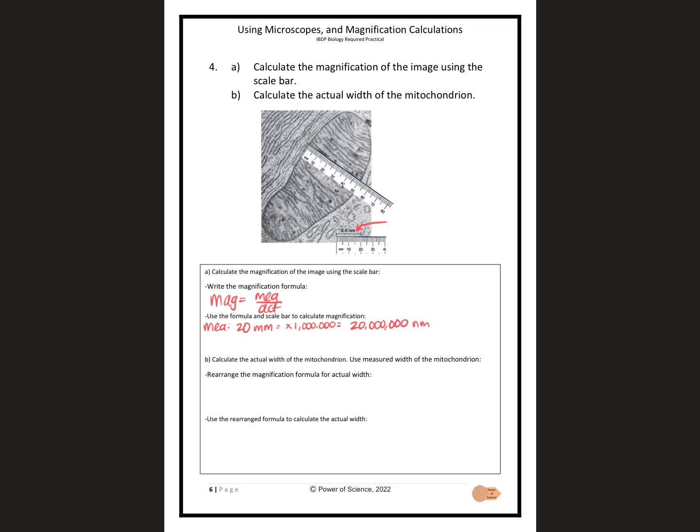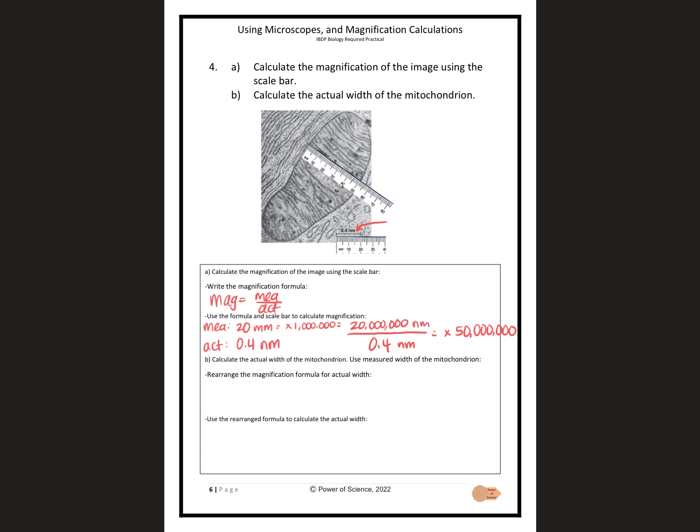And then our actual is given to us, and it's 0.4 nanometers. So 20 million divided by 0.4 nanometers is going to give us a really large 50 million times view. Which, if you think about it, this is a mitochondria, and we're seeing it super up close. So a 50 million times magnification actually kind of makes sense.